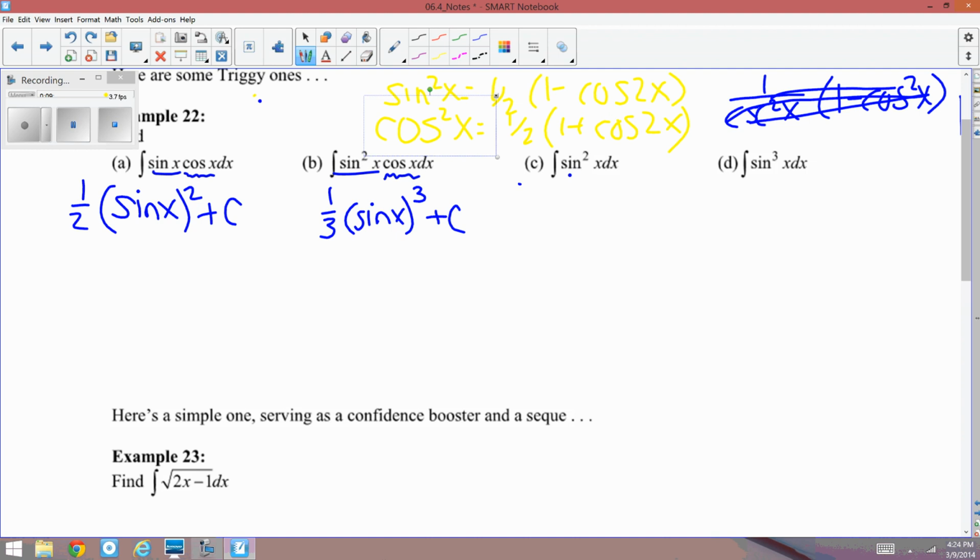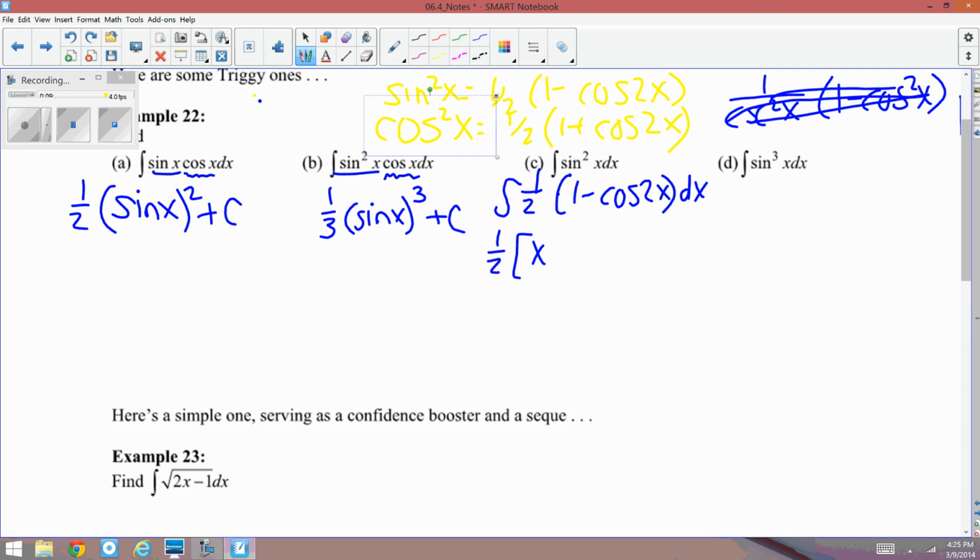Alright, but this power reducing one will be nice because we have 1/2 times 1 minus cosine of 2x dx. Pull that 1/2 out to the front. The integral of 1 is just x. The integral of negative cosine of 2x, we have to correct for that.